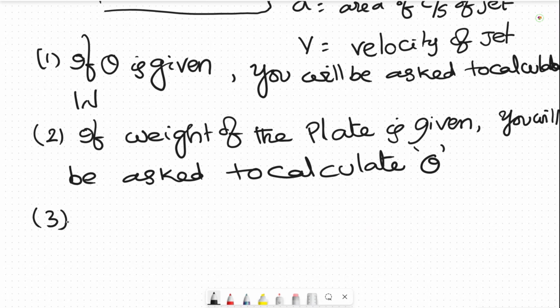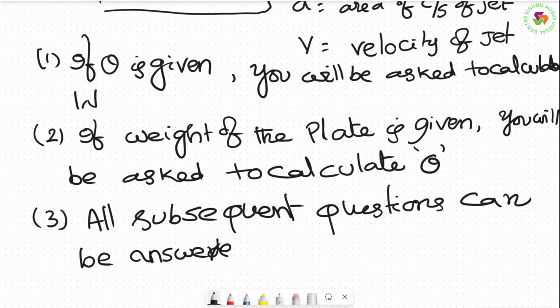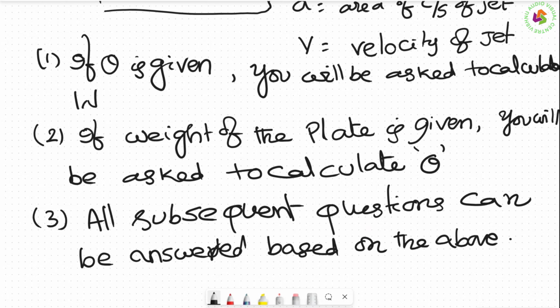All subsequent questions can be answered based on the above. This is how generally the problems are going to be. So therefore, knowing that, let us see how to calculate.